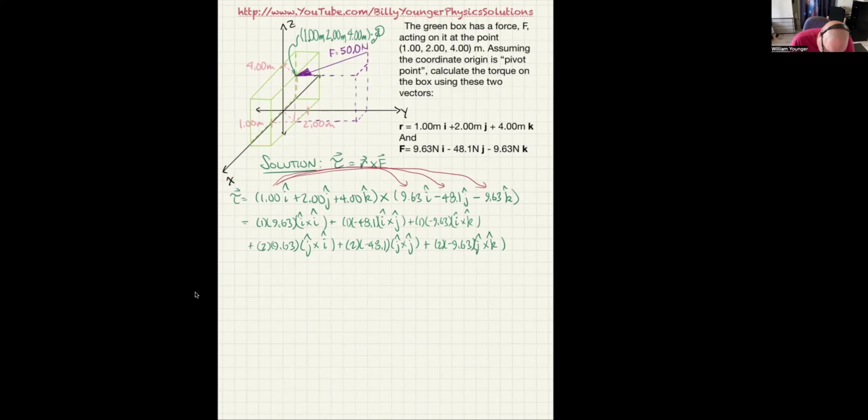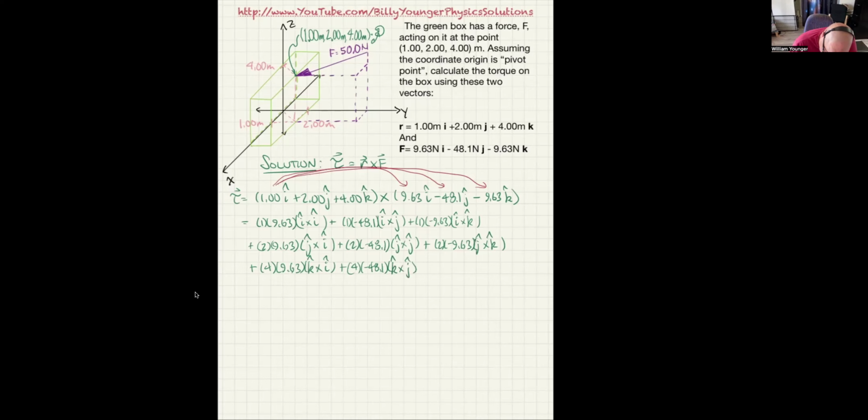Now I've got to deal with the third term in R, and that's the 4. So this time it's going to be 4 times 9.63, and of course, that one is K hat cross I hat, plus 4 times negative 48.1 times, excuse me, K hat cross J hat.